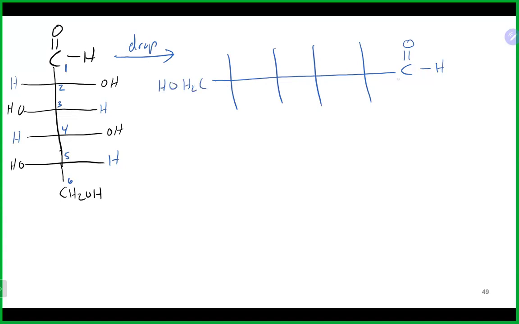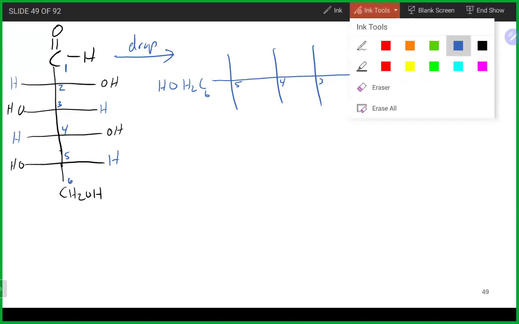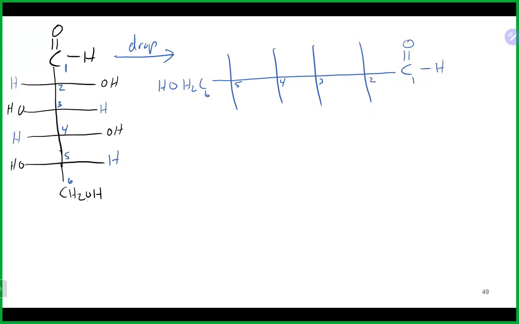Again, that's carbon 1, carbon 2, carbon 3, carbon 4, carbon 5, and carbon 6. Now, when I drop this guy on its side, everybody on the right-hand side basically goes down. So that is OH, that is H, that is OH, and that is H.